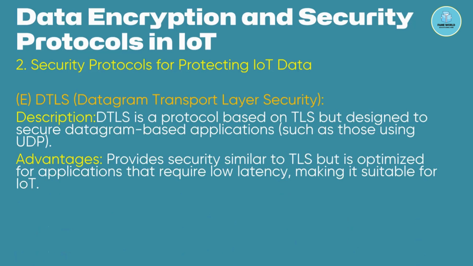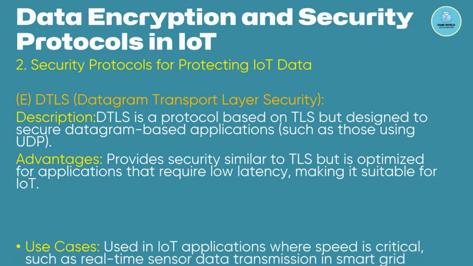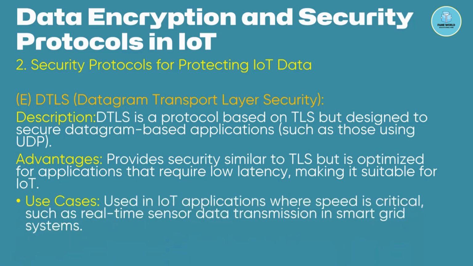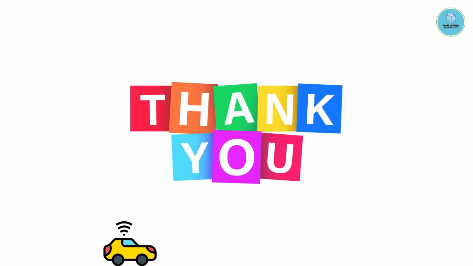So for low latency, we use DTLS, used in IoT applications where speed is critical, such as real-time sensors. Low bandwidth, but speed is necessary. Real-time data is getting checked in smart grid systems and all. There DTLS is used in IoT devices.